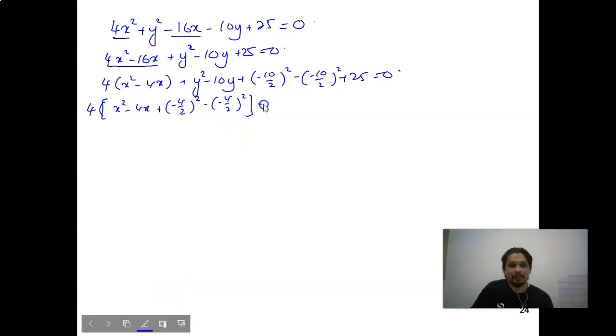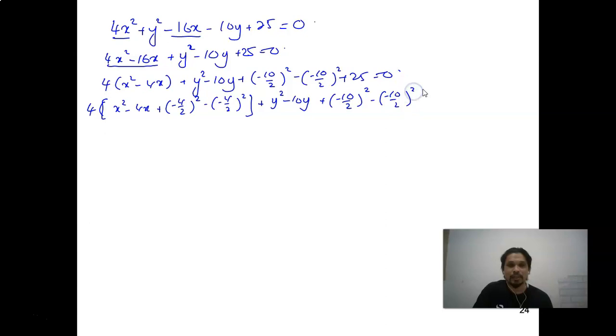Never mind, I rewrite this: y squared minus 10y plus (negative 10 over 2) squared minus (negative 10 over 2) squared plus 25 equals 0.